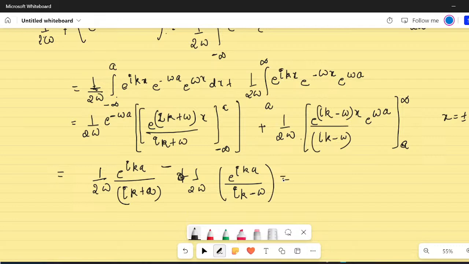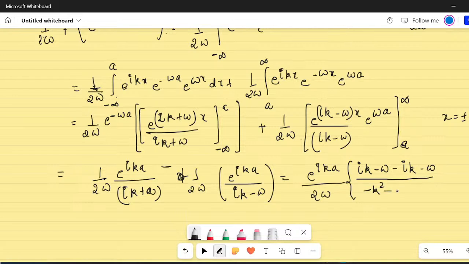So eventually I will find this as e to the power iota k a divided by 2 omega, times iota k minus omega minus iota k plus omega, divided by minus k square minus omega square.